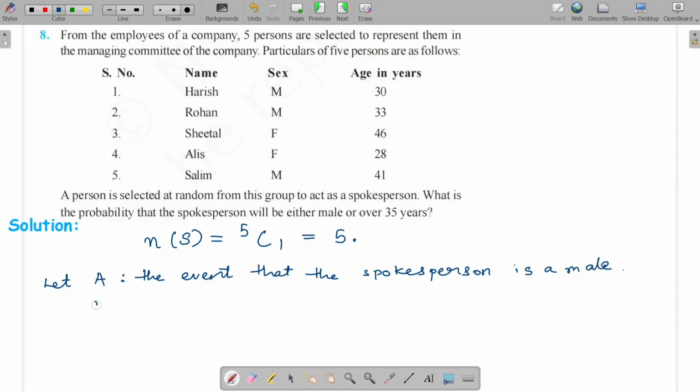Okay, and B be the event that the spokesperson is a female.